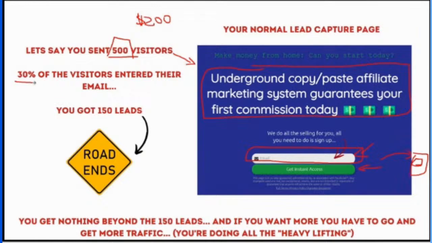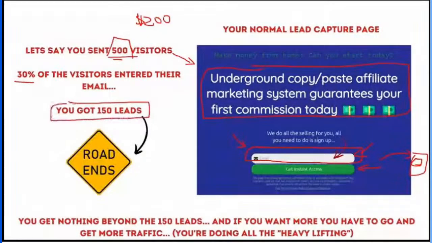It's more like 25, but let's say 30% for a page like this, which I would assume is pretty good. So if 30% of your 500 visitors enter their email here, if you do some simple math, that means you've got 150 leads, right? 500 visitors, 30% of them entered their email, you got 150 leads.